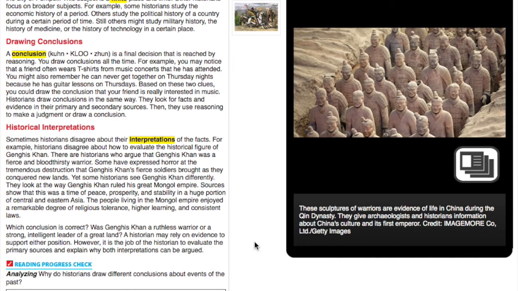Which conclusion is correct? Was Genghis Khan a ruthless warrior or a strong, intelligent leader of a great land? A historian may rely on evidence to support either position. However, it's the job of the historian to evaluate the primary sources and explain why both interpretations can be argued.